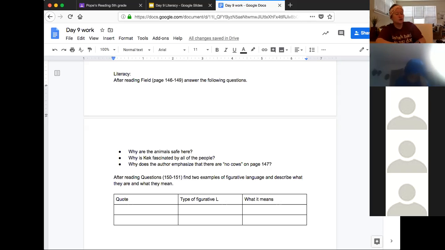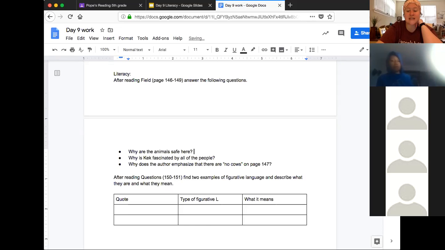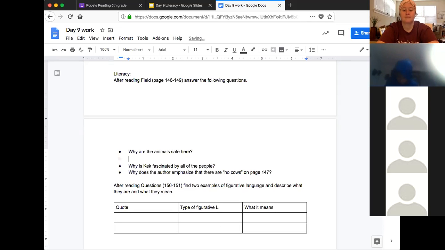So he's on a field trip, and where did they go on this field trip? The zoo. Okay, so they're going to the zoo. Why does he say the animals are safe here? Because predators aren't where they are. Yeah, predators aren't where they are because at the zoo, what do we know about all of these different animals?